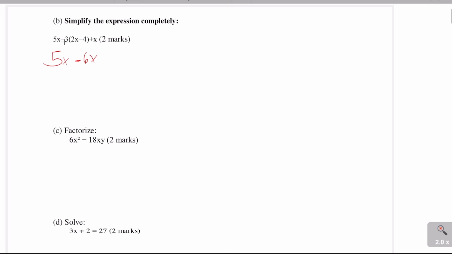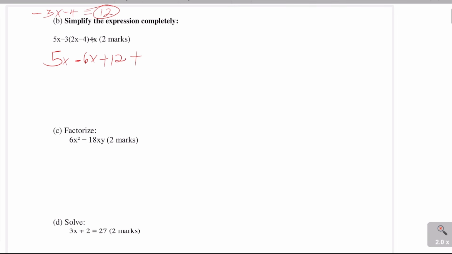Then there's a negative there, so it is -3 times 2, that is -6, and -3 times -4 gives positive 12.